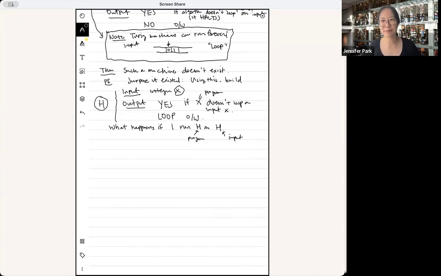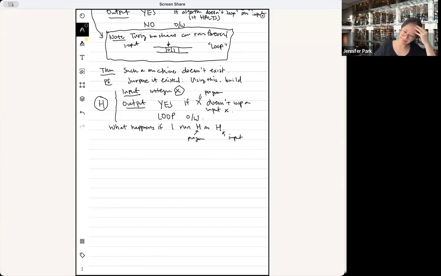Well, either it's going to loop or it's not going to loop. So if h loops on h, then what is the output? It loops on h, so then I guess the output has to be looping. So I literally said h is not going to loop on h, but now it's looping. And if it doesn't loop, then, sorry, what does it do? Sorry, I always get confused with this.